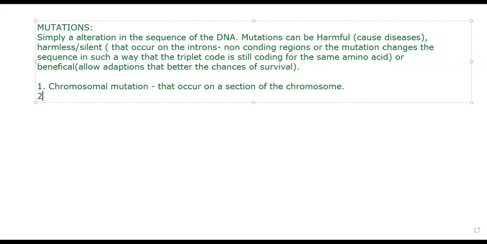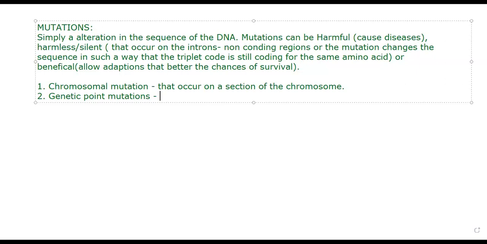Then we can have genetic point mutations. Point mutations are mutations that occur specifically on the DNA. So if, for example, I have my entire chromosome and a whole section of that chromosome is being changed or altered, that is a chromosomal mutation.